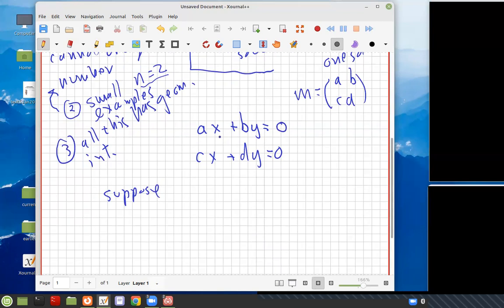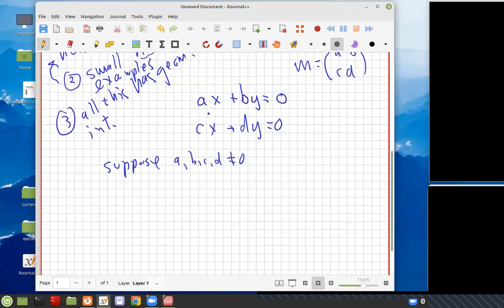So the informative case is the one we're going to look at, where A is not 0. We can go through and look at the other cases, but that's not the issue. Let's say A is not 0. Then we can do the row operation minus C over A times row 1 plus row 2.